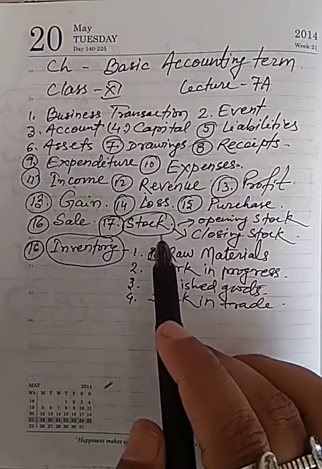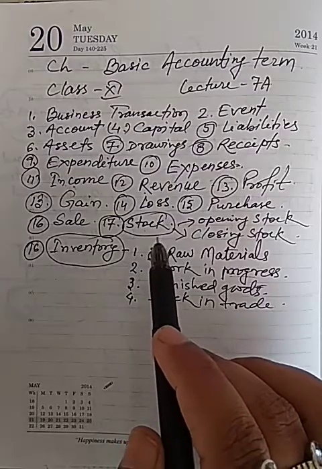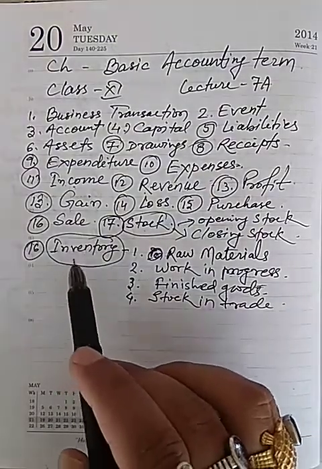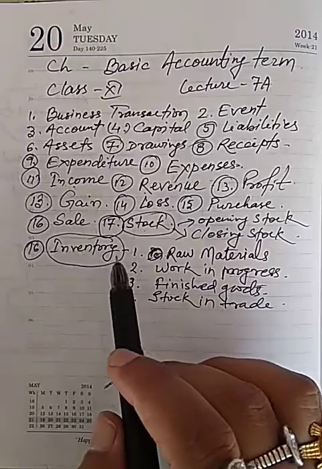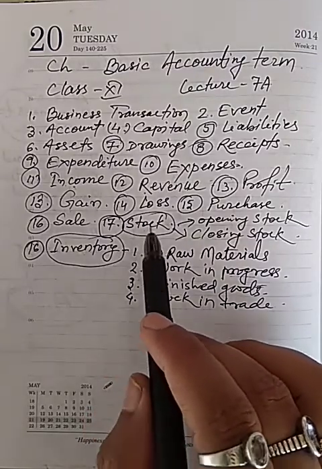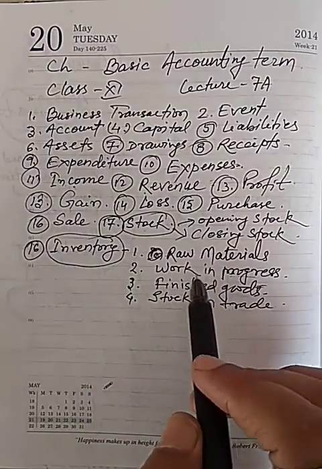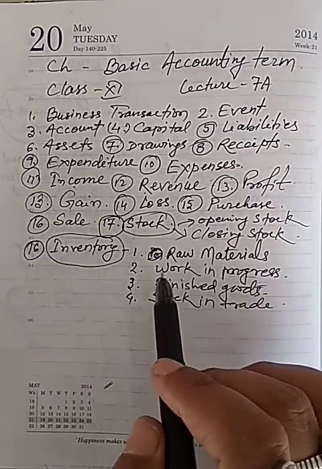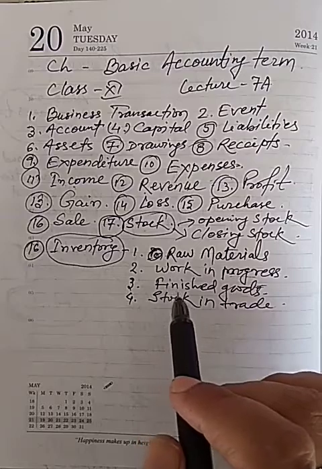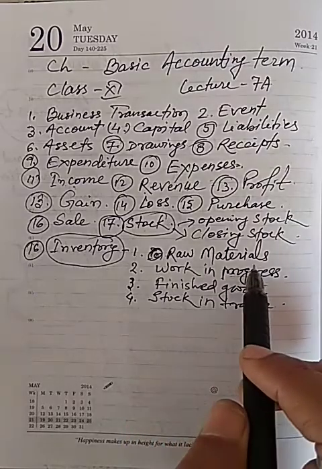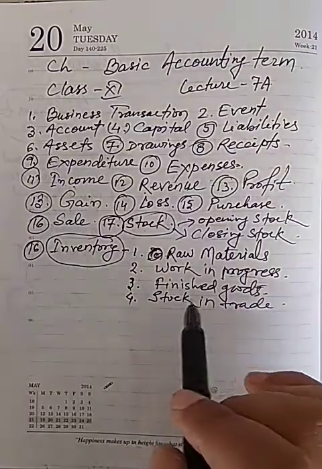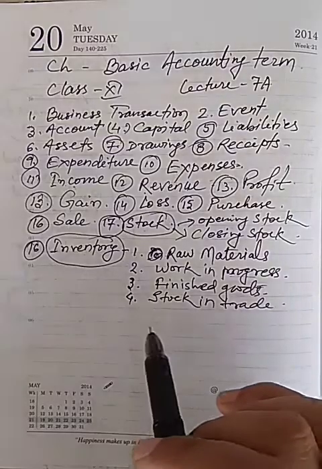Whereas inventory is a wide term which includes stock also. Thus, inventory includes raw material, work in progress, finished goods, and stock in trade.